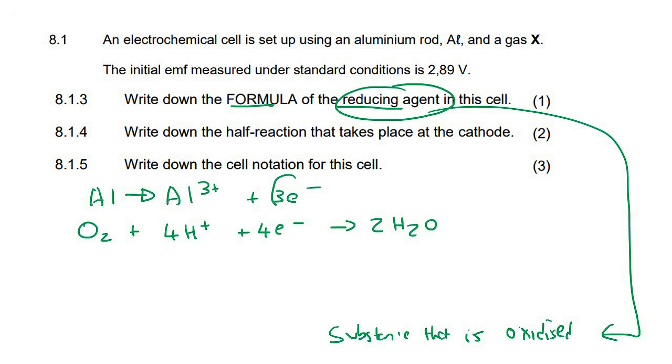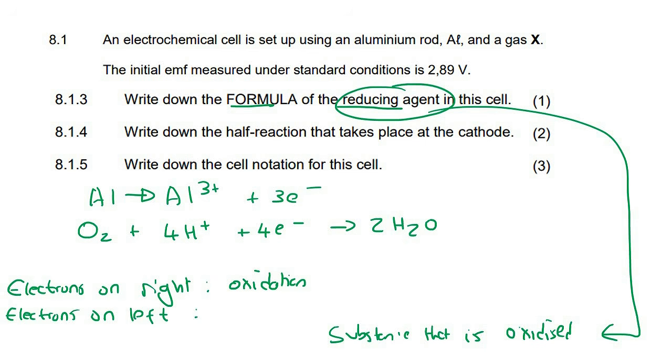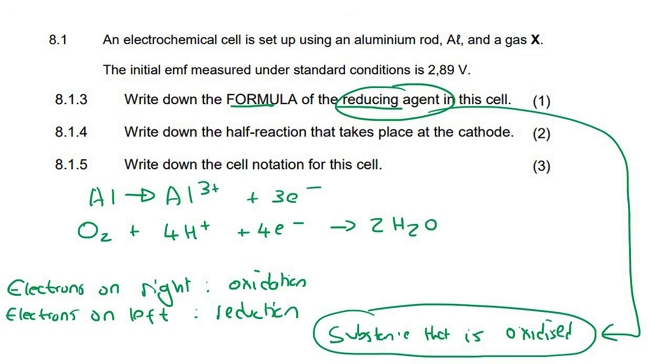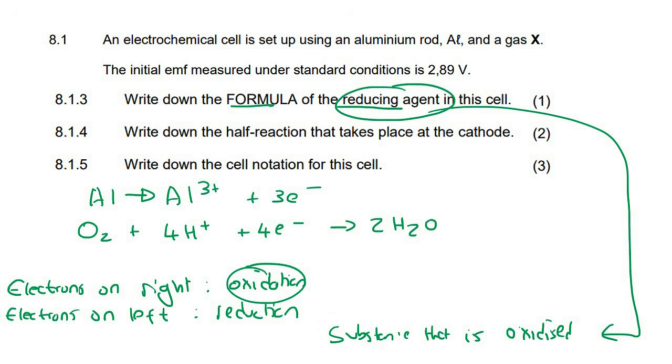Remember, if the electrons are on the right-hand side, that's oxidation. If the electrons are on the left-hand side, that is reduction. Let's write that down. If the electrons are on the right, that is oxidation, and if the electrons are on the left, that is reduction. Okay? So the substance that is oxidized is in the reaction where the electrons are on the right. So that's this one.